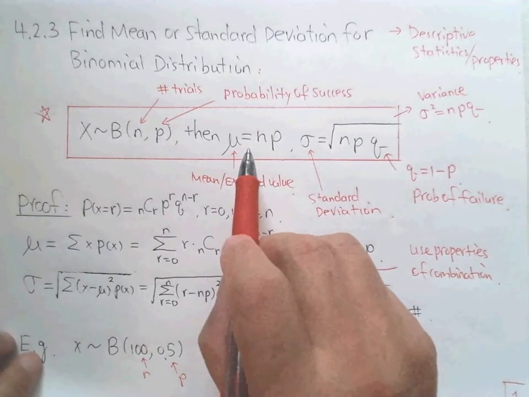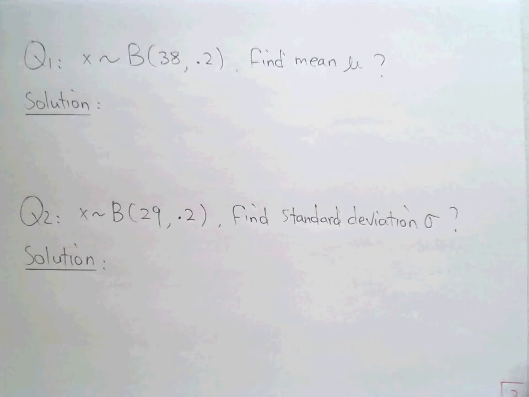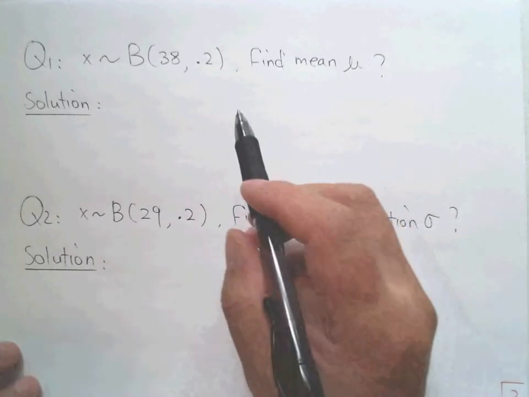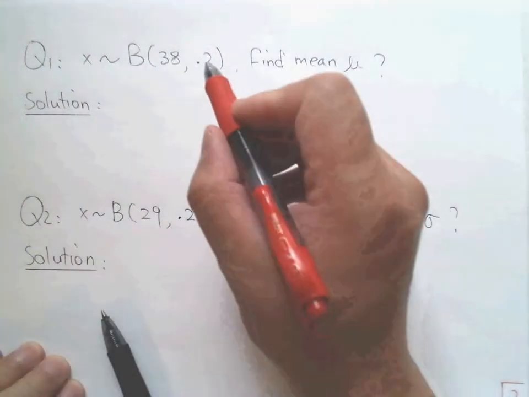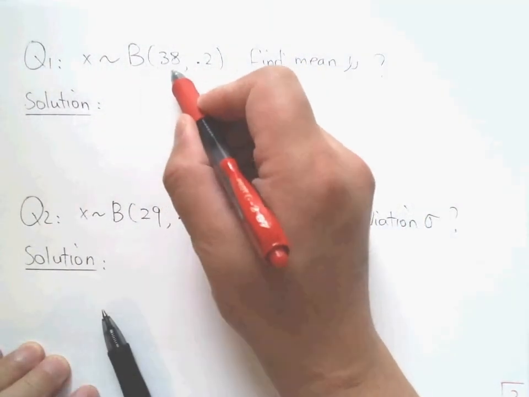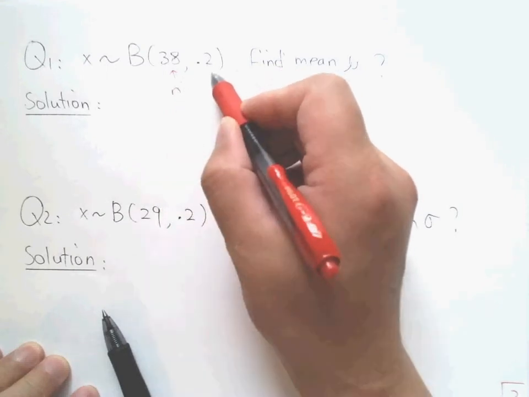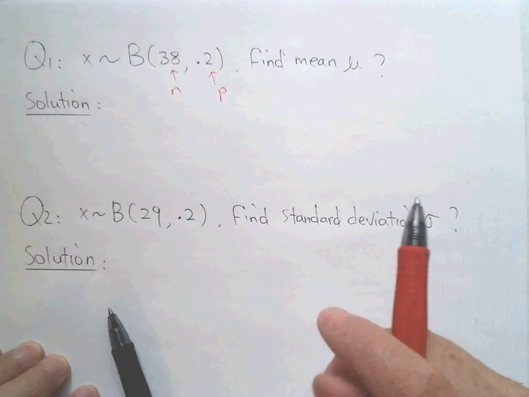Now I will give you an example of how to exactly find mu and sigma. Because we have the formula, the calculation should be super easy. We just follow the formula. Look at the first. Before we find mu, what do we need? This is a binomial distribution. From here we can find n, and from here we can find p. p is 0.2.